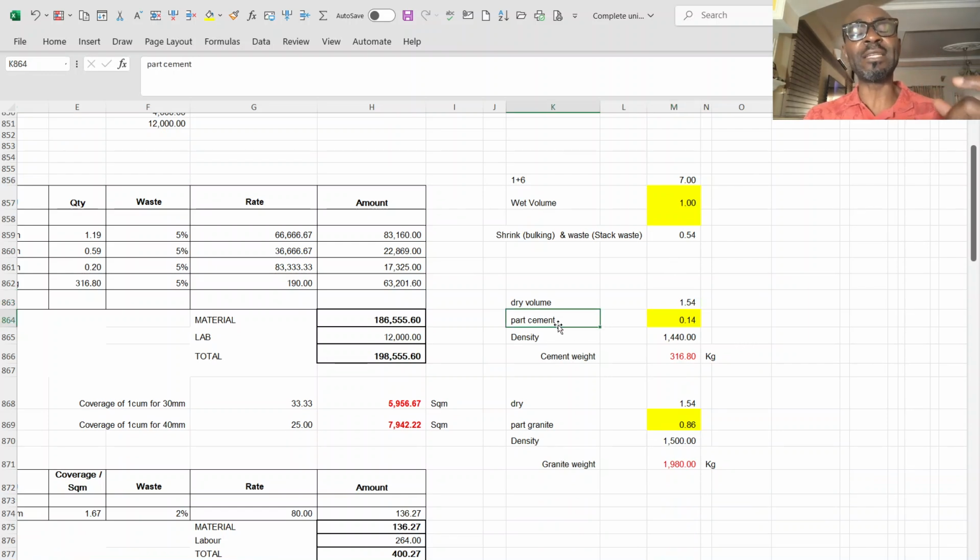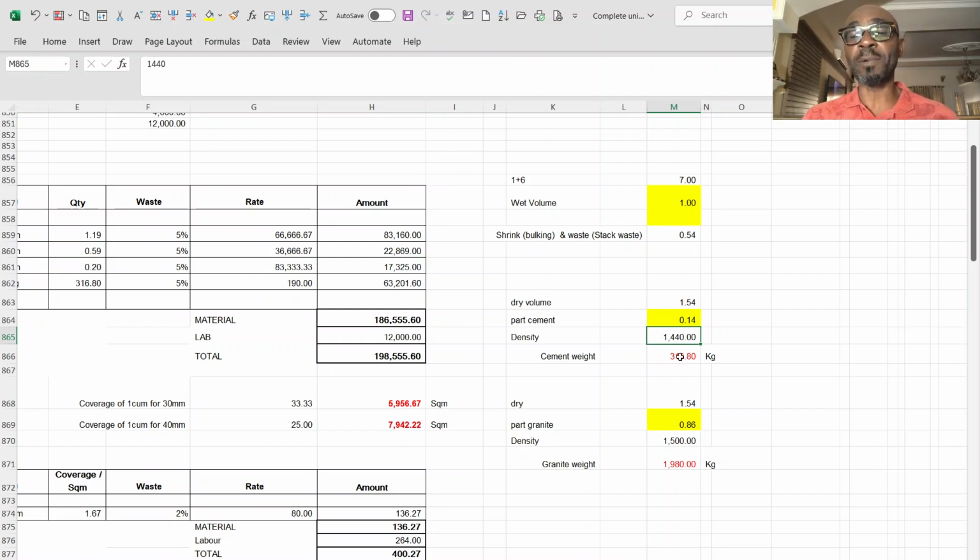Then for you to get the part of cement in the 1:6, you divide 1 by 7, which is 1/7. Then you have this, and the density for cement is 1,440 kg.